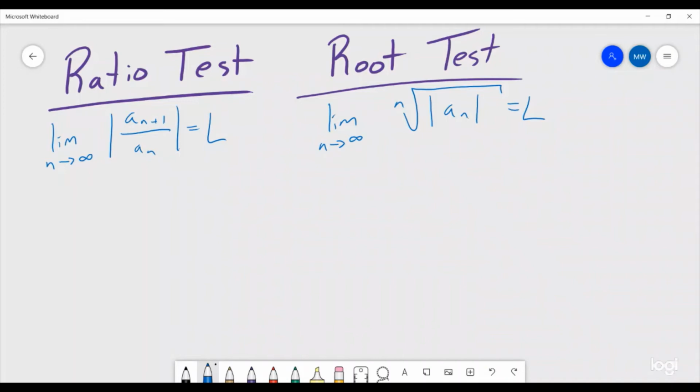So the ratio test says that if L is less than 1, then the sum of a sub n is absolutely convergent. Actually, this is the case for both of them, so I'm just going to put both of them in the same category. So if L is less than 1, the sum from n equals 1 to infinity of a sub n is absolutely convergent.